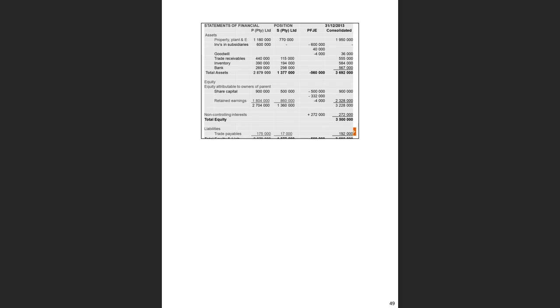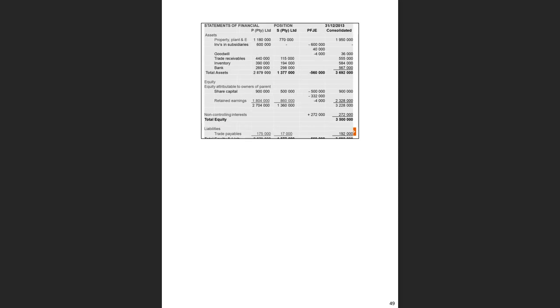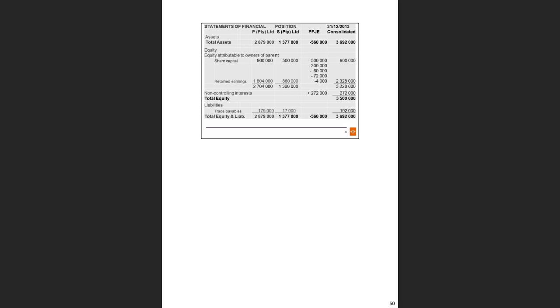Let us have a look now at the statement of changes in equity. This is just showing it in more detail. You will see here that it's focusing on the equity portion.